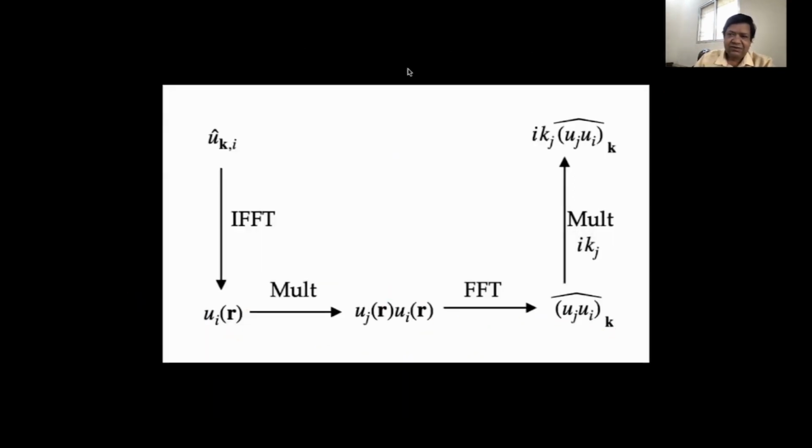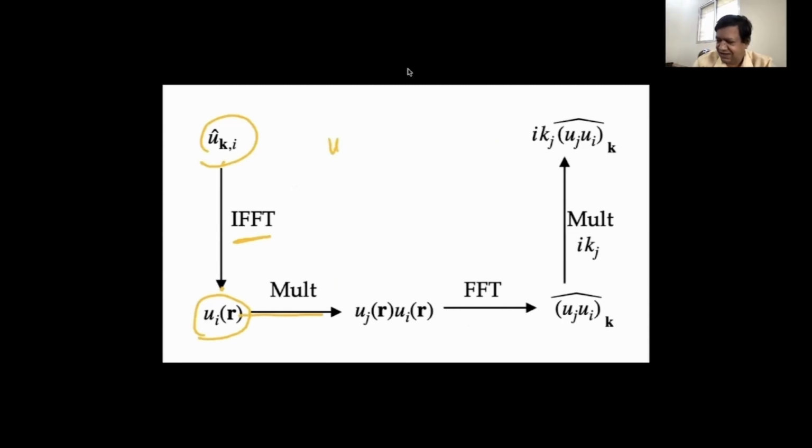Now the nonlinear term is really a convolution, but we use the Fourier transform to compute it. We have u hat k in Fourier space. I go to real space by doing the inverse Fourier transform, then multiply the various products.